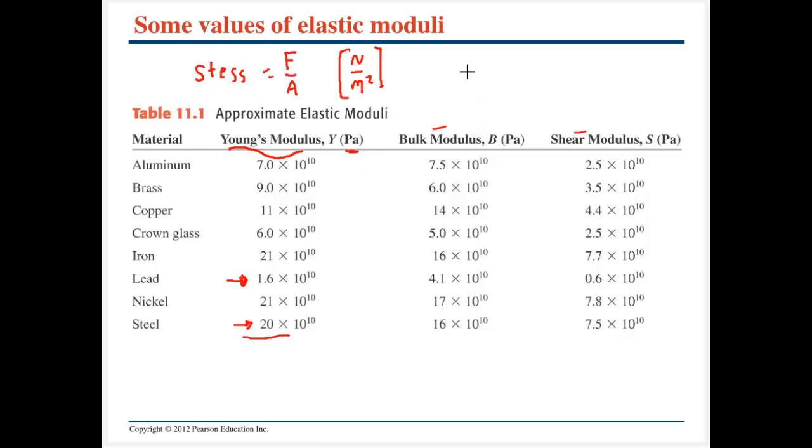The strain is going to be the change in length divided by the original length, so it would be in meters divided by meters. So the strain is going to be unitless, and the ratio of these two, the Young's modulus, is therefore going to have units of newtons per meter squared or pascals.